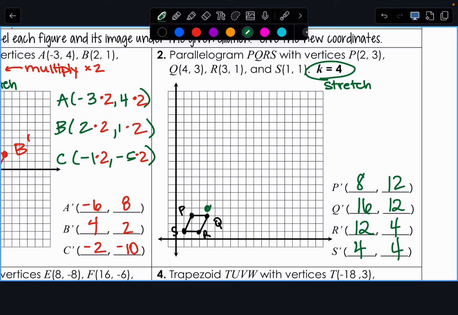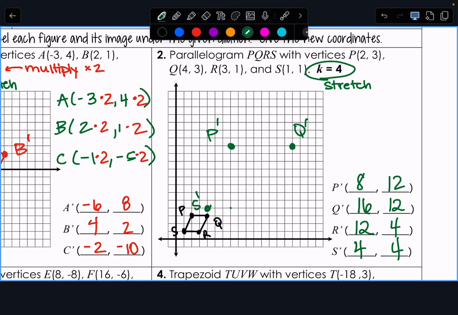So here is the new S. Here is the new, I think that's P. Oh, 1, 2, 3, 4, 5, 6, 7, 8.